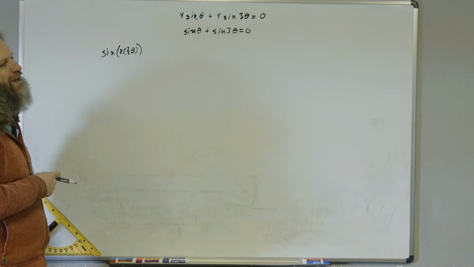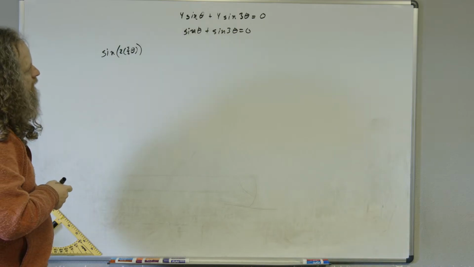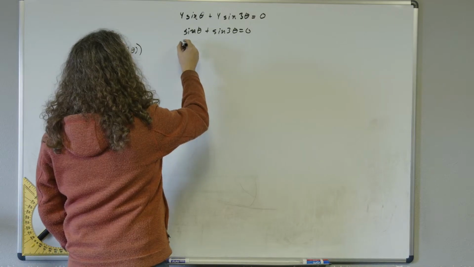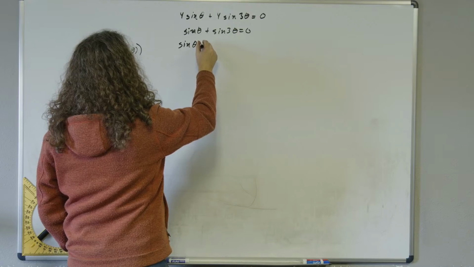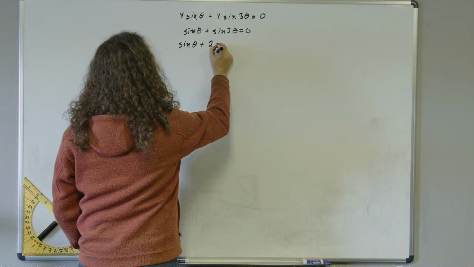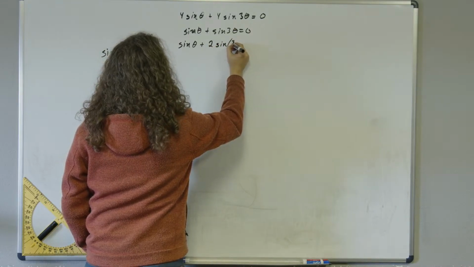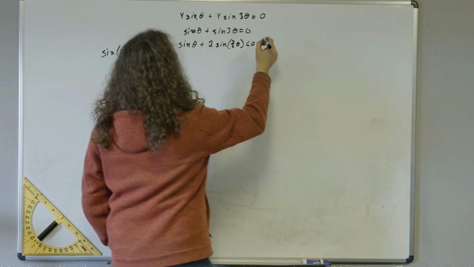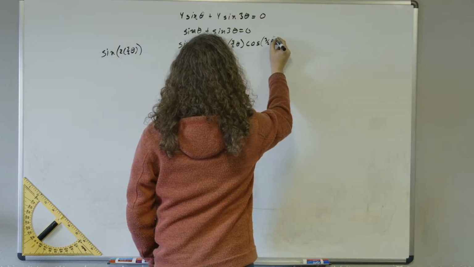What's the sine double angle identity? 2 sine theta cosine theta. Oh no, we're introducing more things. Let's see what happens. Sine theta plus 2 times sine of 3 halves theta cosine 3 halves theta.